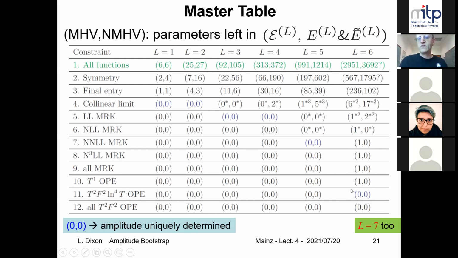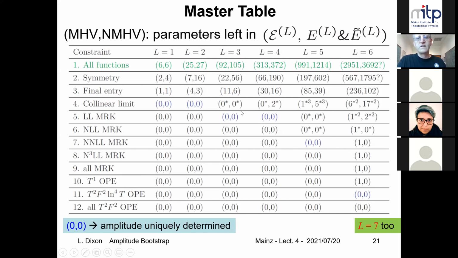Now, we've also inspected behavior of these functions at another point we call the origin. I'm not going to get into detail there, but that's another way of killing off this guy, is by inspecting the behavior of the MHV amplitude at the origin. Anyway, the upshot is that by applying these various constraints, the amplitude is uniquely determined. And we didn't need to use very much of the MRK limit in all cases except this one.